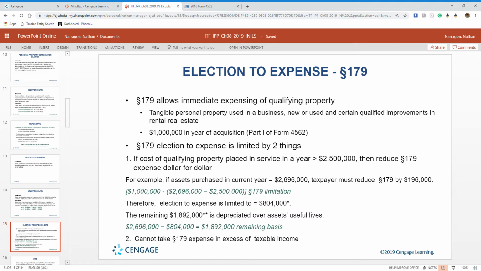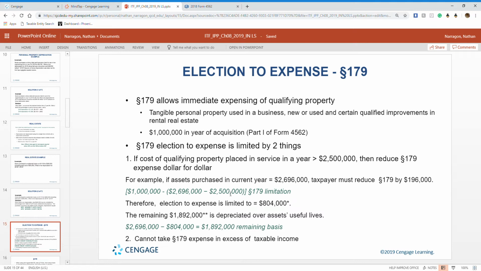But it was limited on how much you can deduct by two items. One, the cost of qualified property placed in service in a year could not be greater than $2,500,000. Once it reaches that amount, Section 179 drops dollar for dollar above that limit.